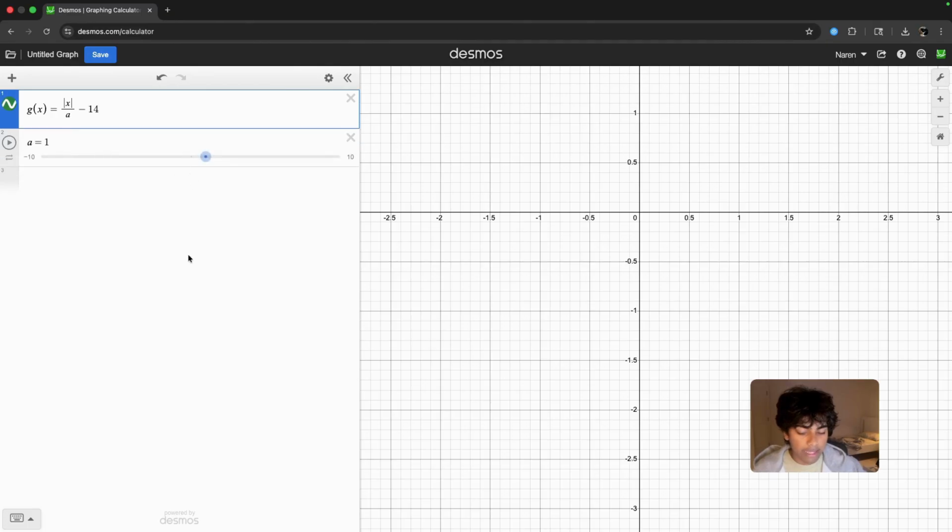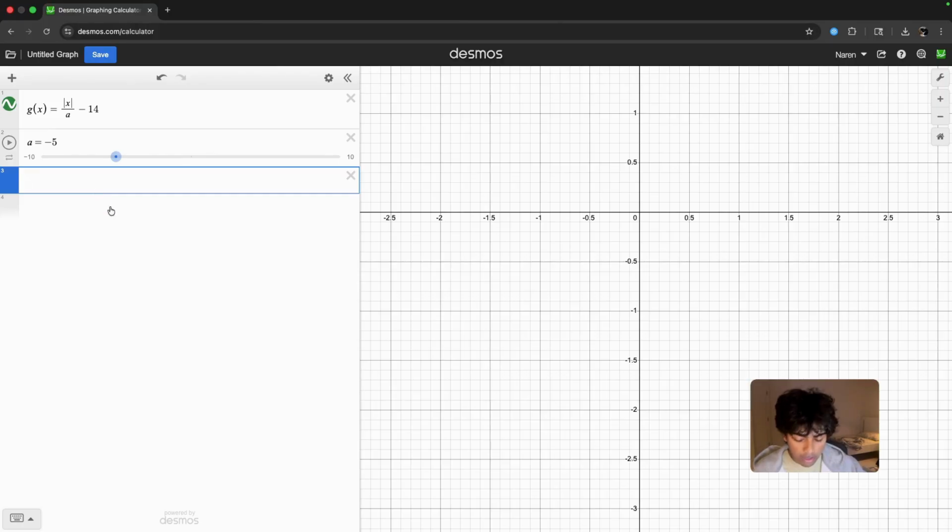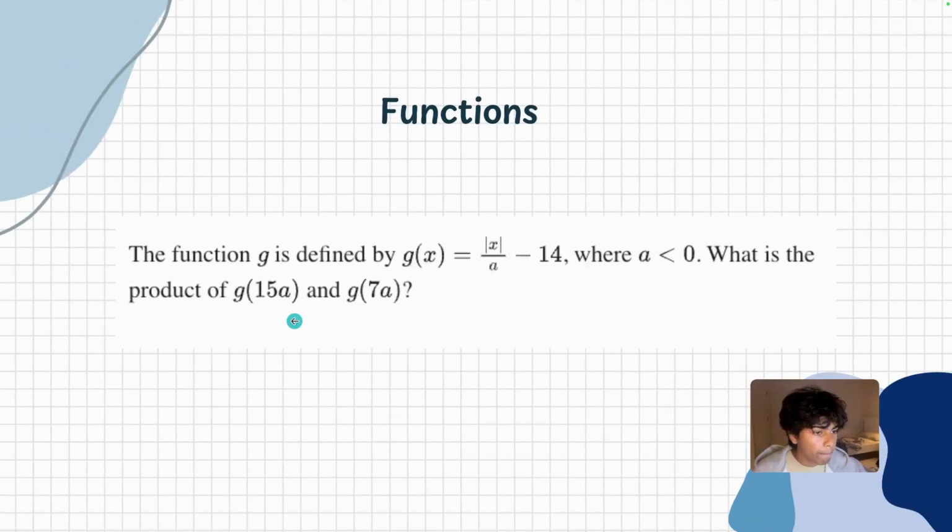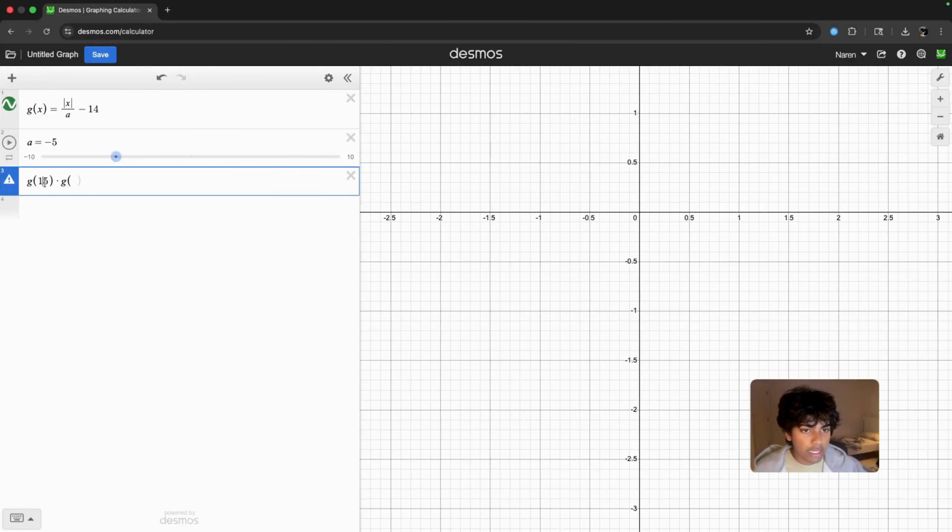And we can just add a slider a, and what does a have to be less than? a has to be less than 0, so we'll make it less than 0. And so what is g of 15a times g of 7a?